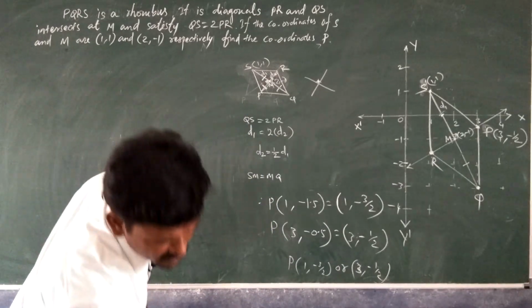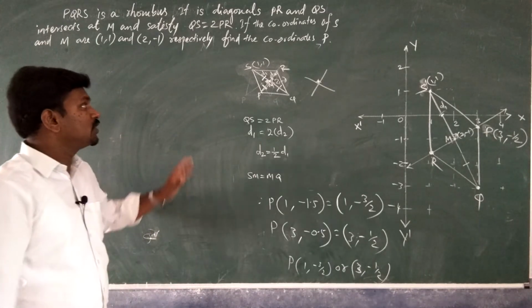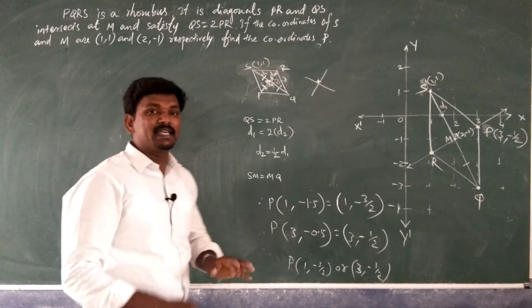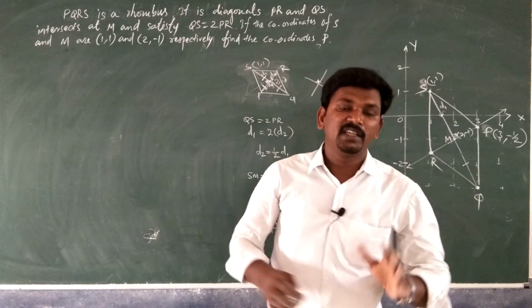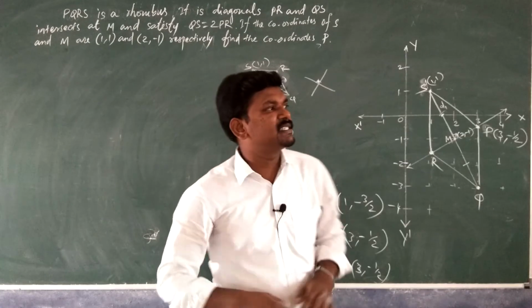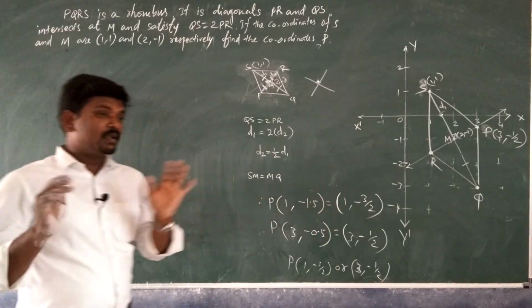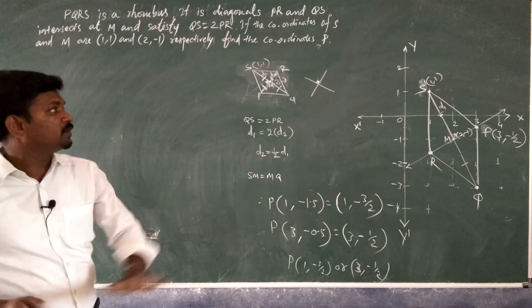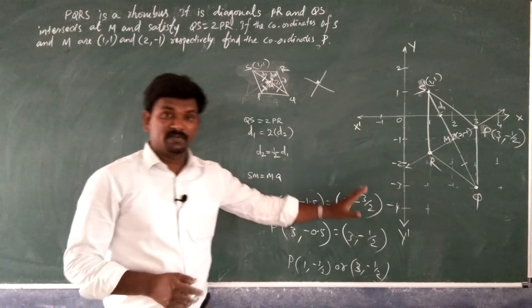Very interesting, easily we can understand. If you work this problem in the analytical method, it may take some time, and we have to work out a lot of things. But if you understand the concept, not only this question, all the questions given in coordinate geometry can be solved like this.